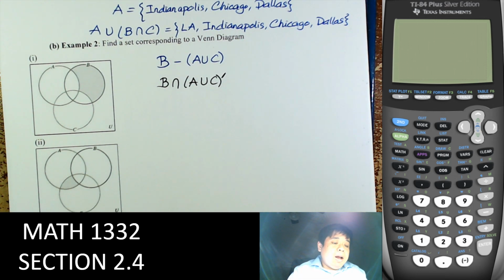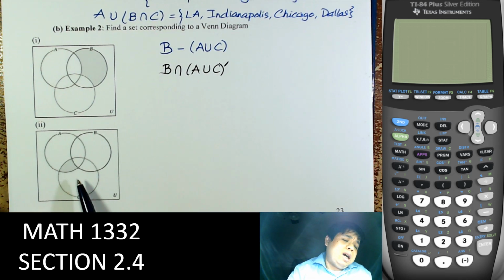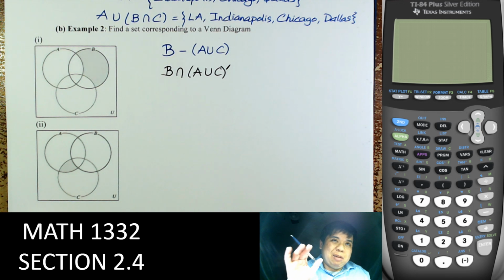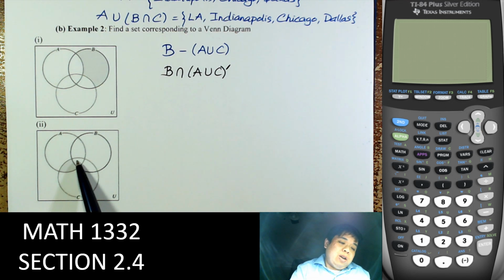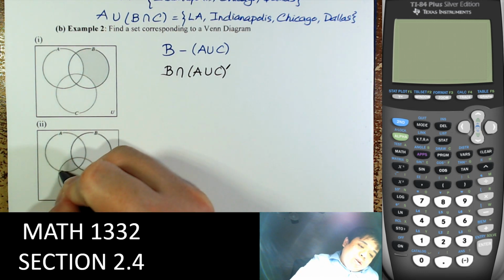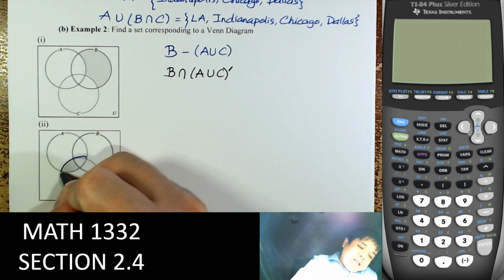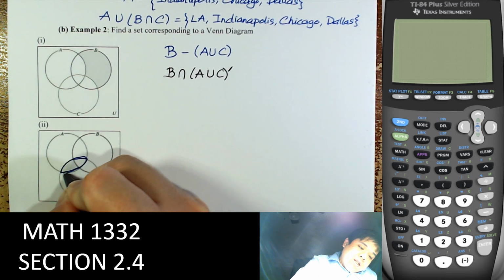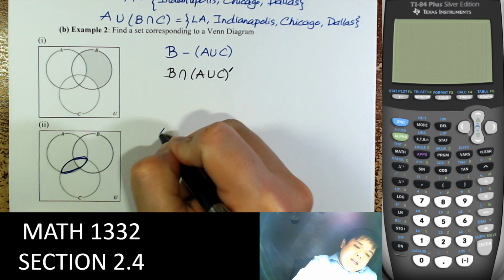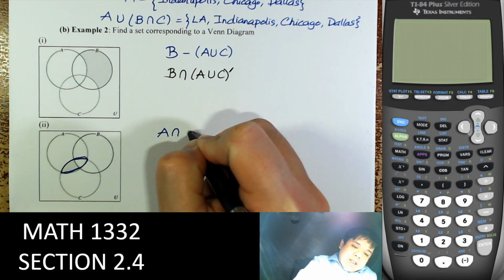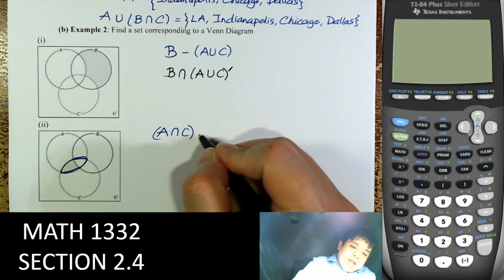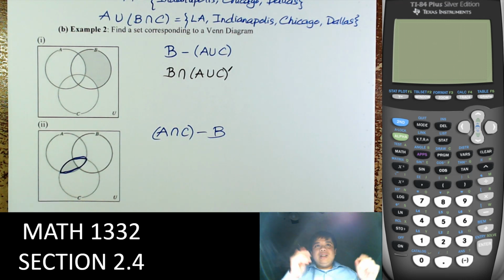Right, next, we see that it is not in B, so we have to subtract B from something. That makes sense. But the part that we subtract from is the overlap, A intersect C, sorry about my terrible drawing. So that is A intersect C, but it cannot be in B. So pretty much that.